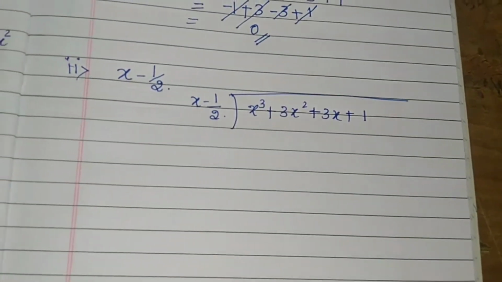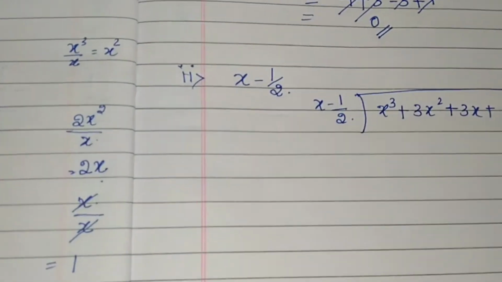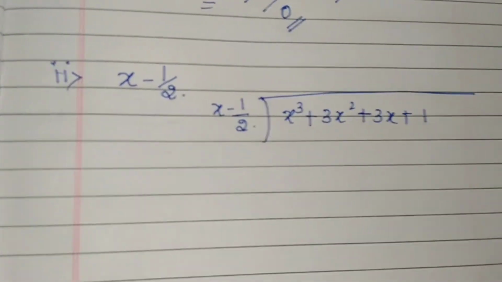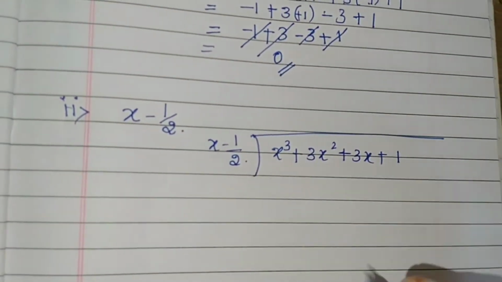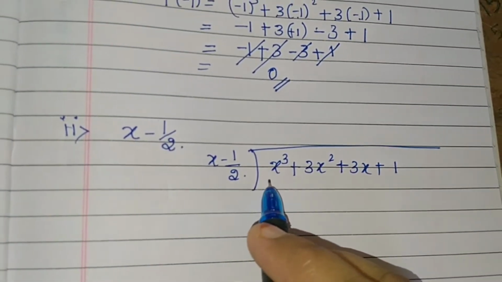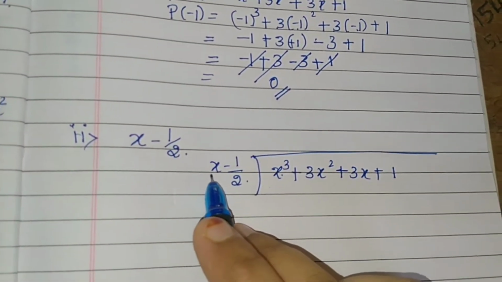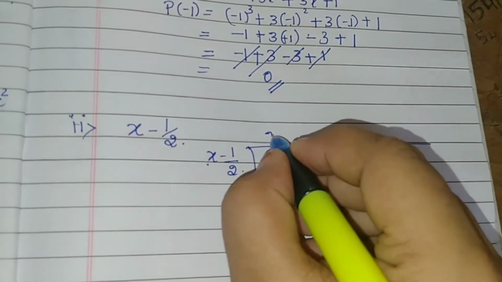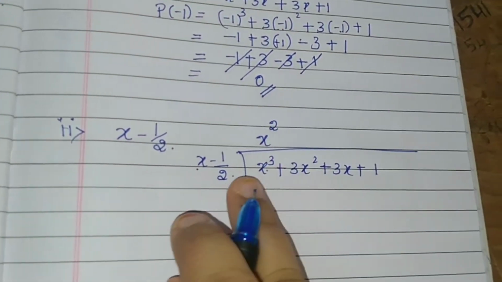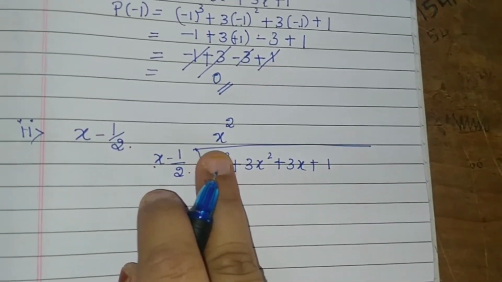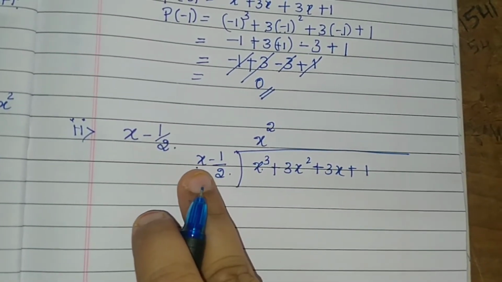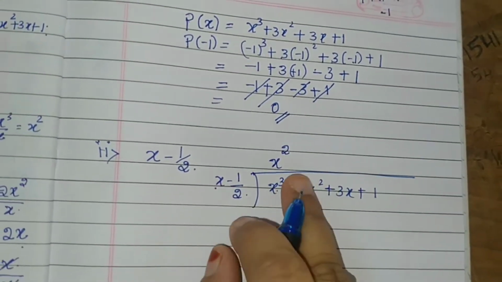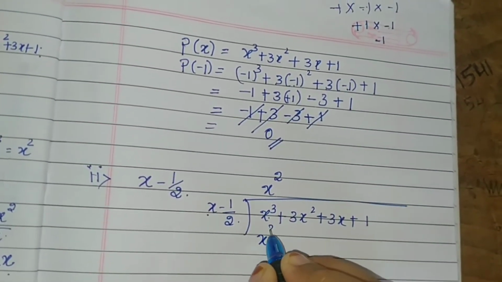So now the same procedure you have to follow over here, that is the first term of the dividend, that is x cube, divided by x. So what are you going to get here? x square. So the first term of the quotient multiplied by the divisor, that is x square into x is nothing but x cube.